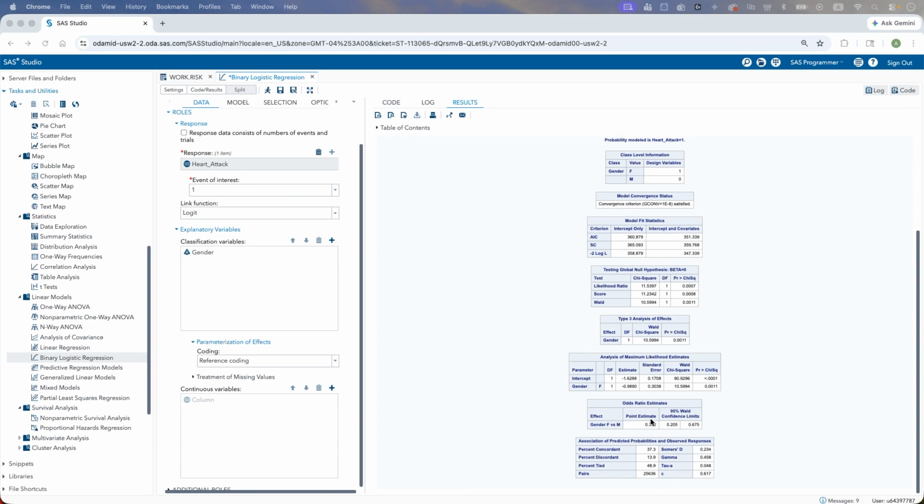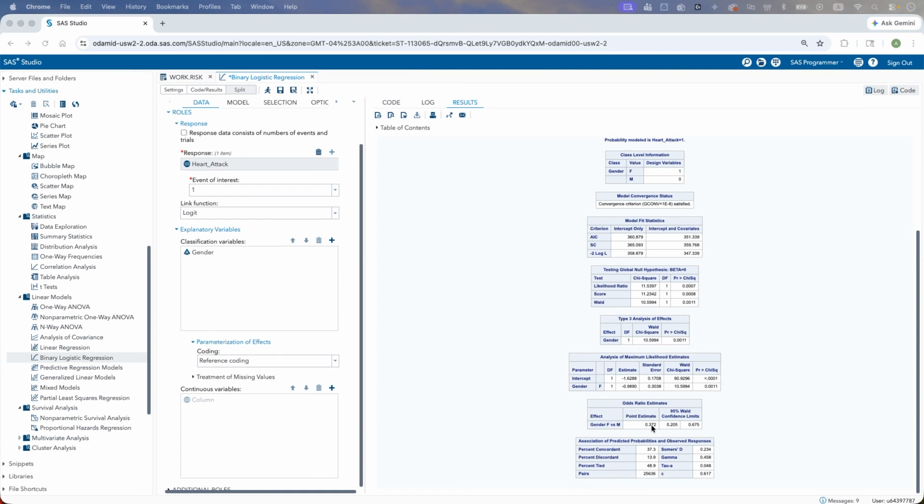But how would we read this one? It is challenging to read. So what we do is change the reference category so that female takes the value of 0. Then this number is going to be flipped, because it's going to be 1 divided by 0.372. This is going to be easy for us to interpret.